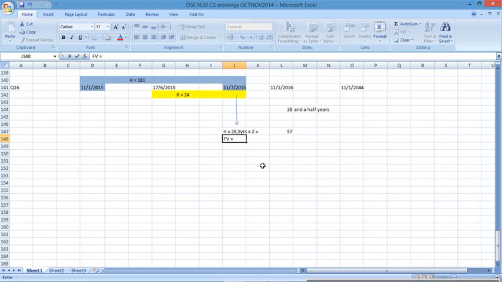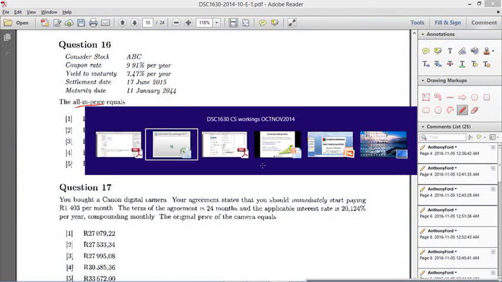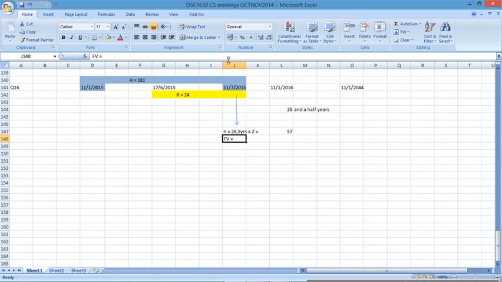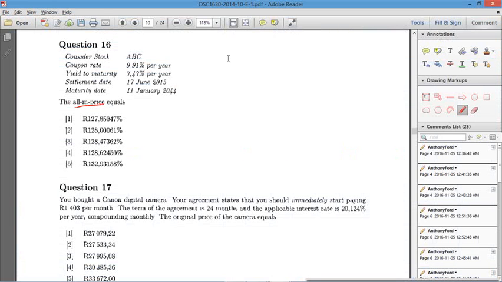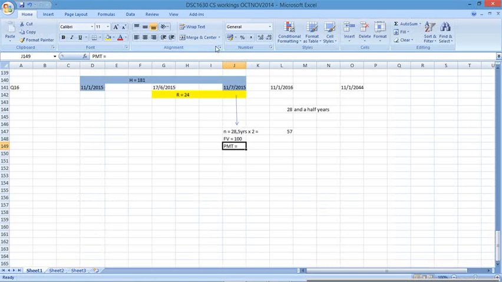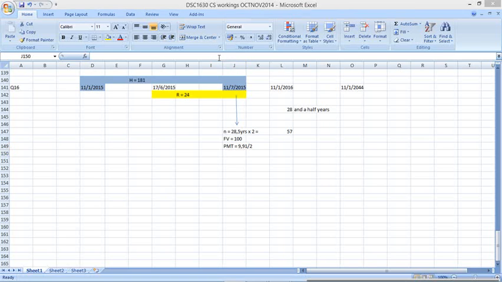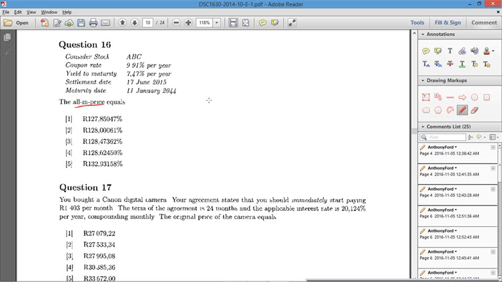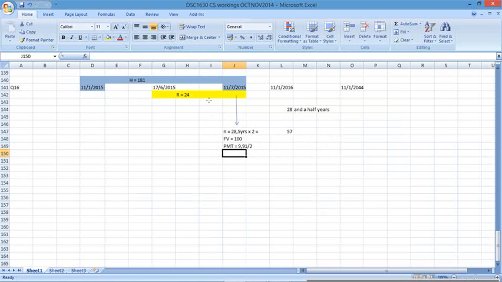My FV was given in this question; we'd assume that's 100, because they gave you the bond pricing convention. Your payments here are how much? Coupons 9.91 per year, divide by 2. That's the payment. Payment, FV and N, you just need an I. In this question, they gave you the yield to maturity, 7.47.